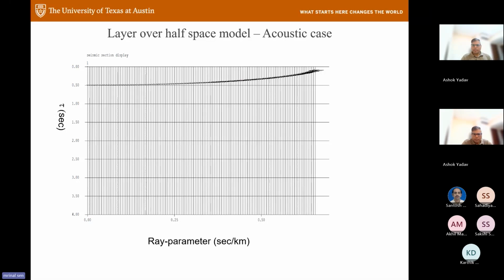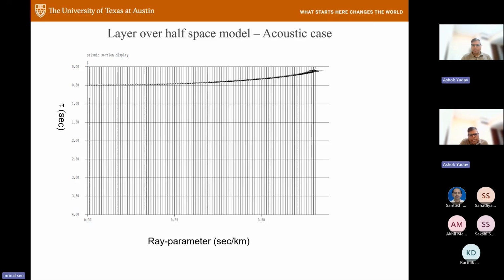So what do you see here? Let's be a bit more interactive. What do you observe here? There are at least six or seven people in the audience, so everybody should try. Don't feel shy.